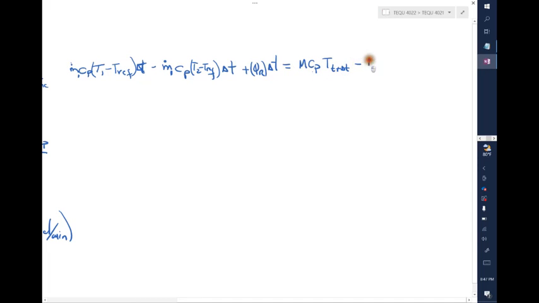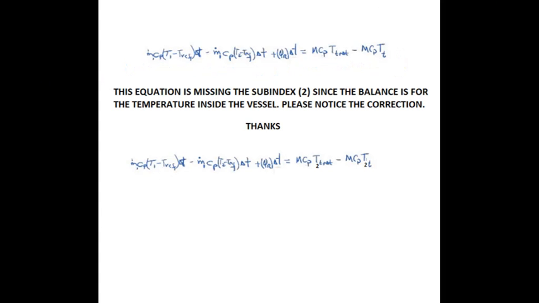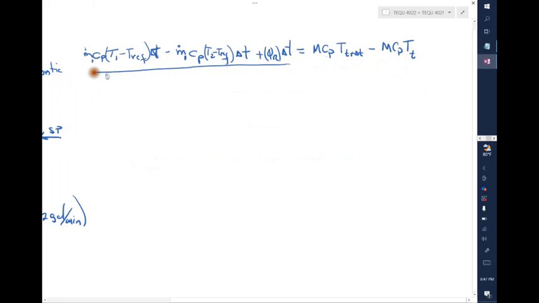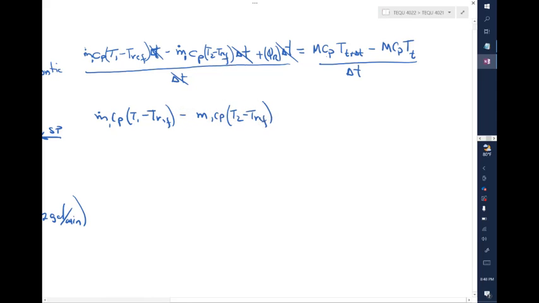So here it's going to be mCp times the temperature evaluated at T. If we divide both sides by delta T, then this cancels out here, this cancels out, and this is gone with this one, so we end up with M1 Cp T1 minus T reference, plus, minus M1 Cp T2 minus T reference, plus QR equal. Now here we go.